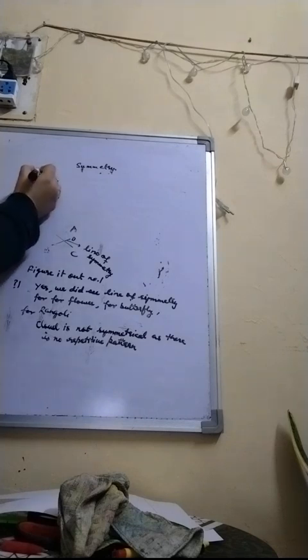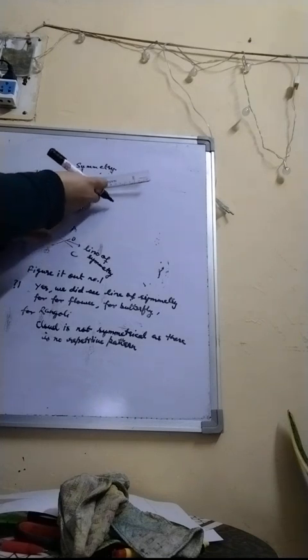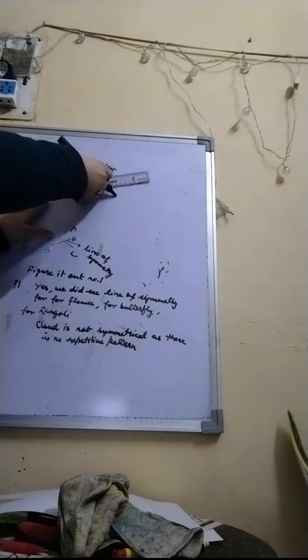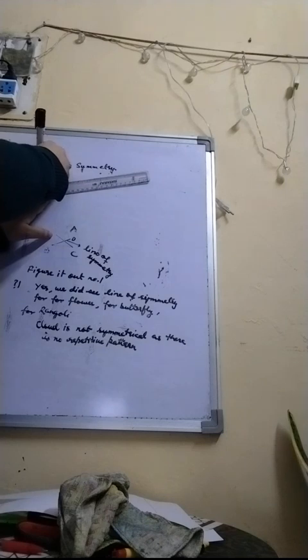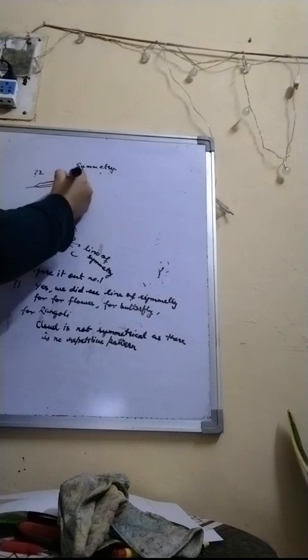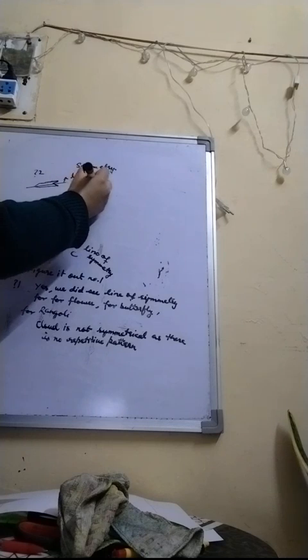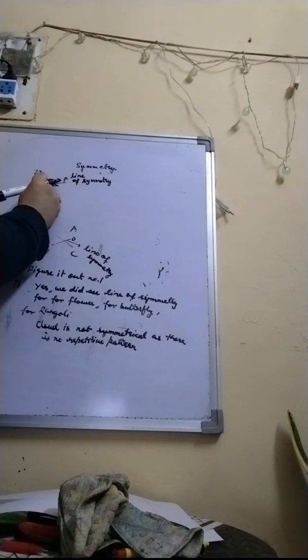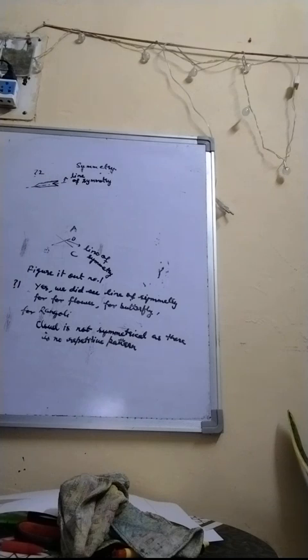So where do we find the line of symmetry? If we join the mid of the figure, we get the line of symmetry. So this is how the line of symmetry looks in this figure. This is the line of symmetry. You can make it with a dashed line to show the line of symmetry.